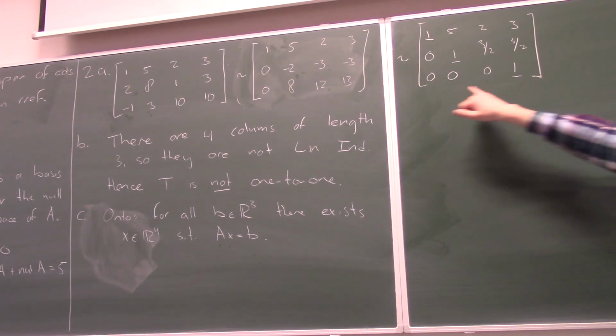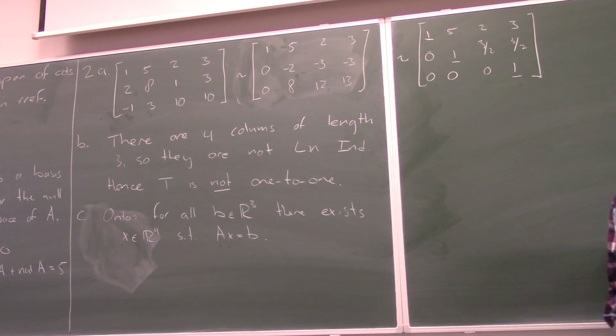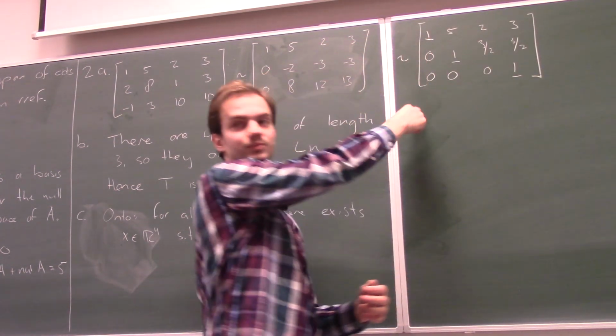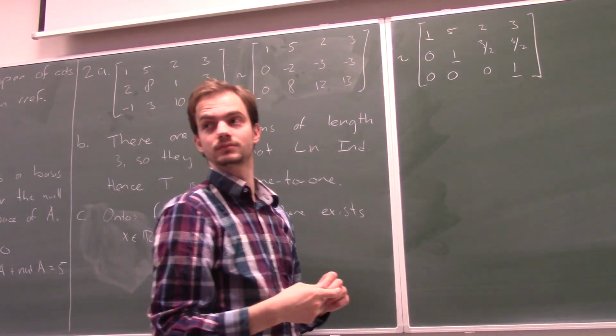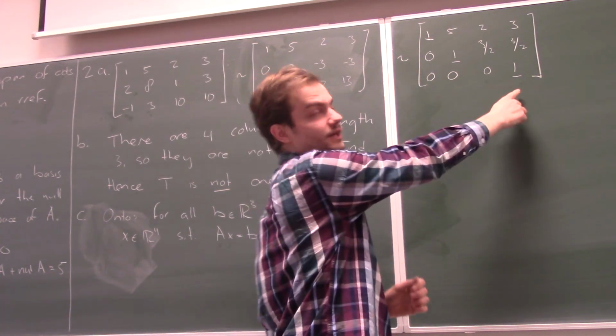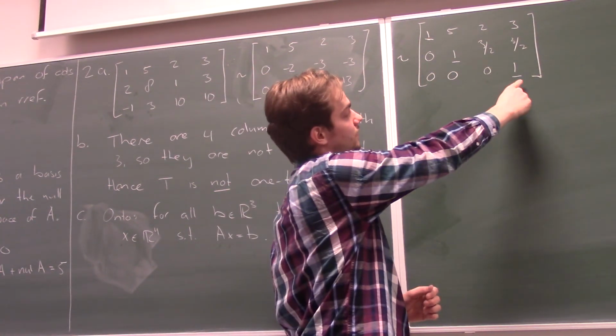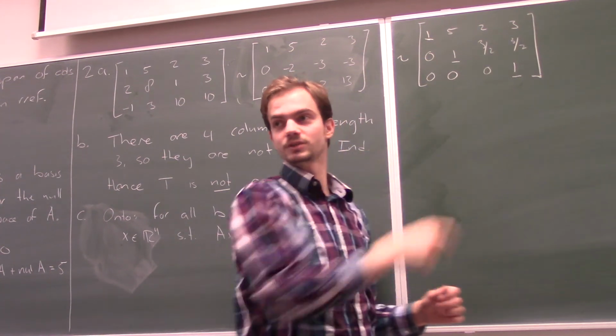Is there 3 of them that are linearly independent? Yes, because there are 3 pivots. Okay, so there's 3 pivots. Every row has a pivot. Okay. So the span of this is 3-dimensional, so it must be all of R3.